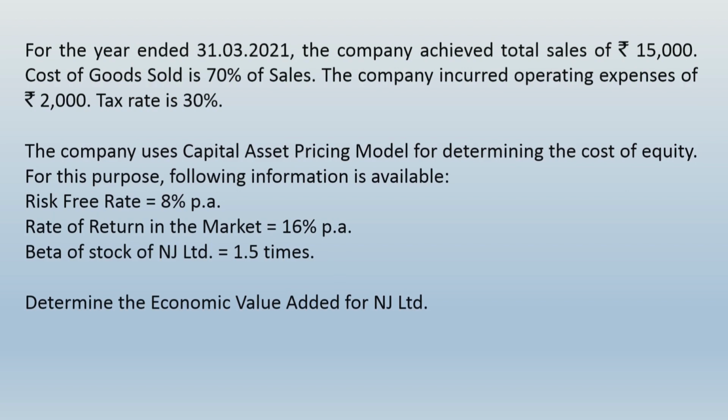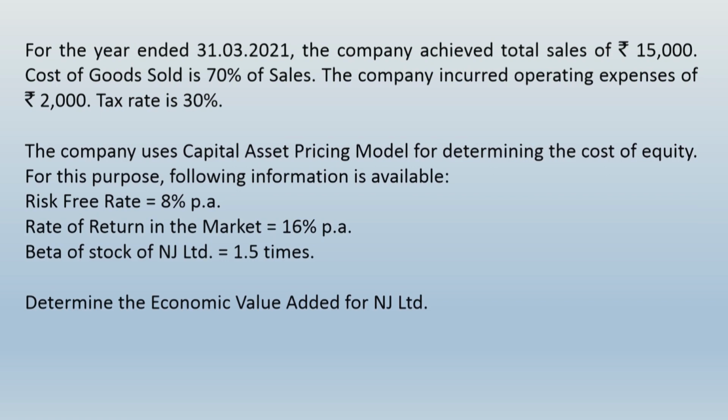For this purpose, following information is available. Risk-free rate is given as 8% per annum. Rate of return in the market is 16% per annum. Beta of stock of NJ Limited is given as 1.5 times. And finally, what you are required to do is determine the economic value added for NJ Limited.